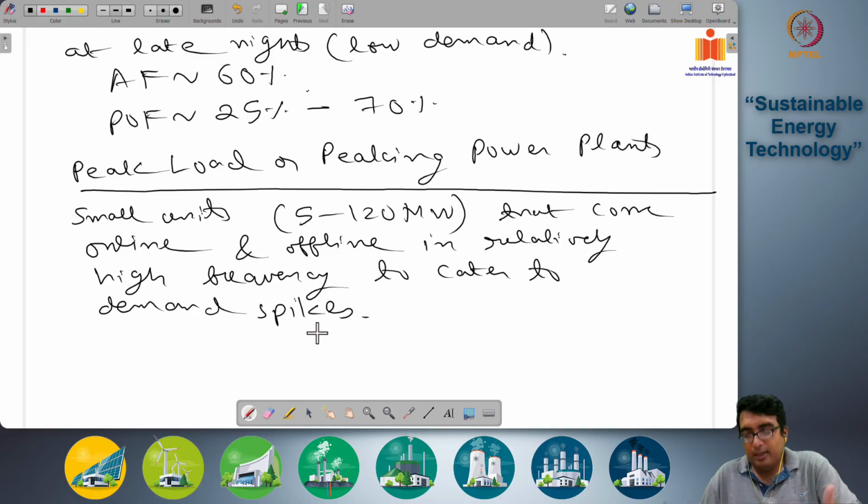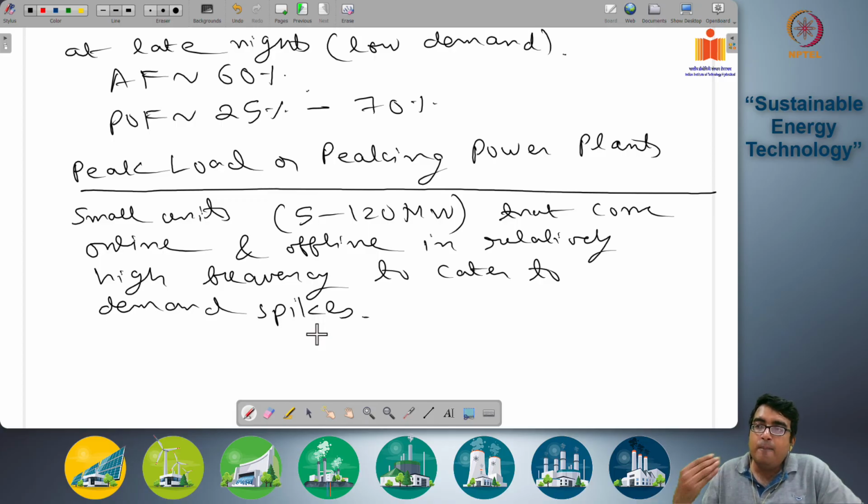So, while the average can be catered to by the cycling and the base load power plants, on a day-to-day basis there will be sudden spikes in the electricity demand. During a peak time, suddenly there are a lot of units turning on at the same time, that will create sudden peak demand periods. So these rapid peaks in demand are the times when these peak load or peaking power plants are turned on.